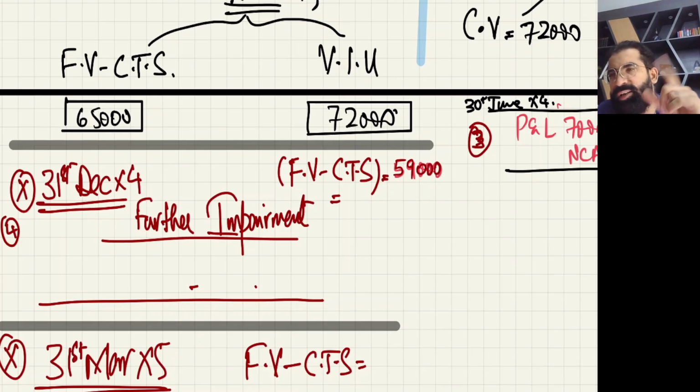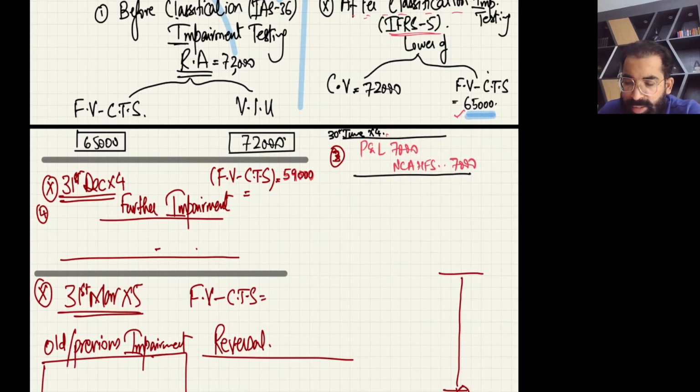So just use your brain. We have already brought the asset down to 65. Now the fair value went down to 59. That means the only benefit we'll get from selling the asset is 59 only. So we should do a further impairment of 6,000.